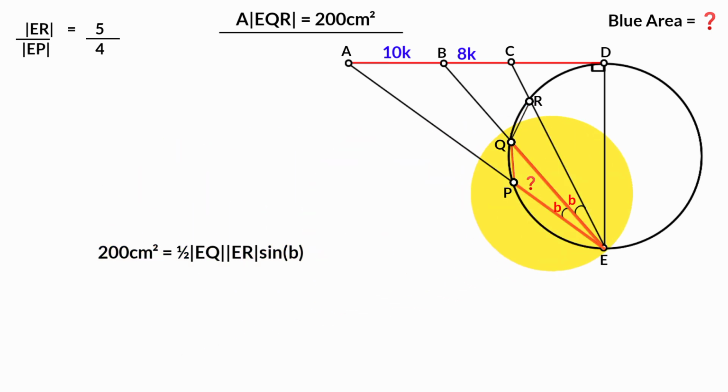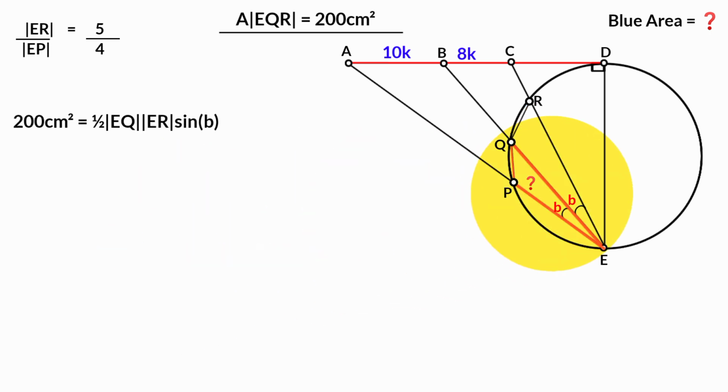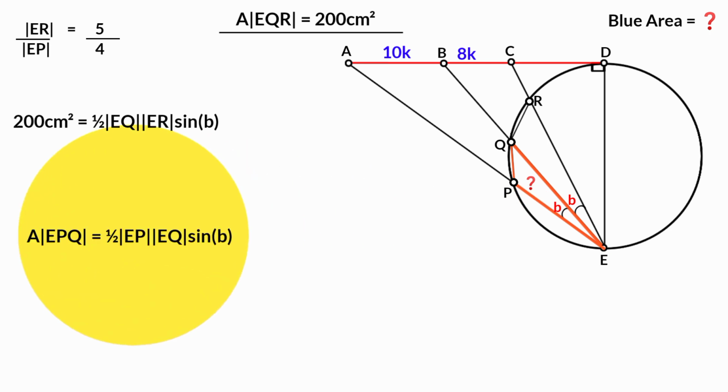Now look at this triangle here. Its area can be calculated by half the product of this side EP and this side EQ times the sine of this angle B. So area of triangle EPQ equal to 1 over 2 line EP line EQ sine B. Divide this equation by this.